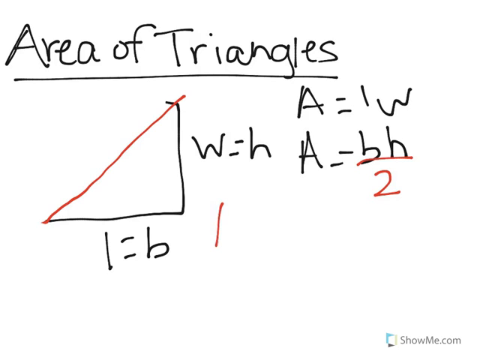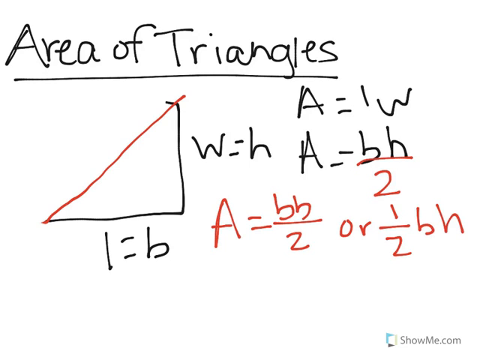That can be written as base times height divided by 2, or 1/2 times the base and the height. It means the same thing. You find the base and the height and divide it by 2. That gives you your area of a triangle.